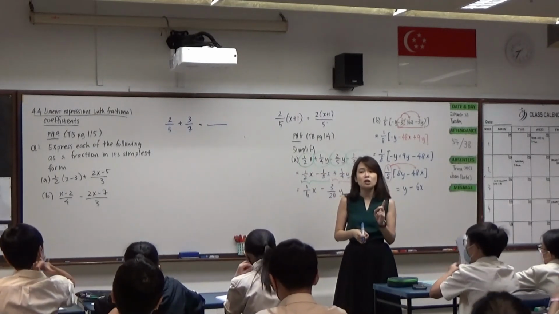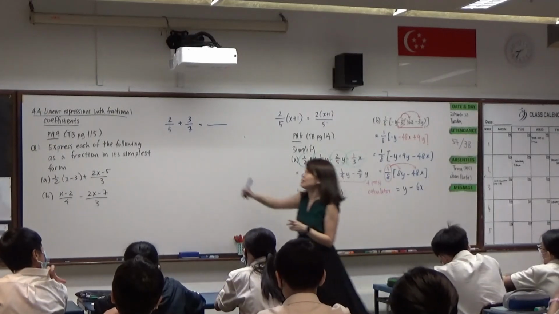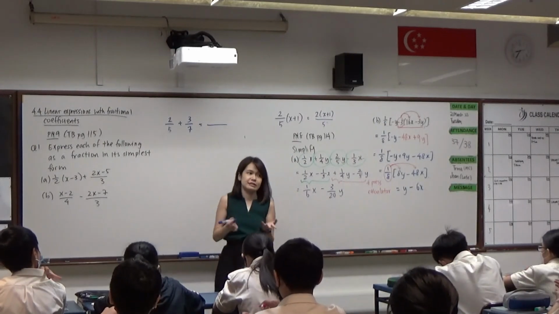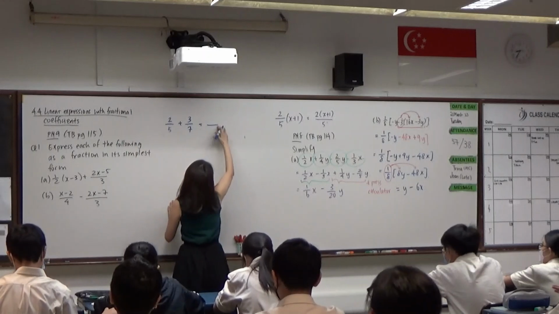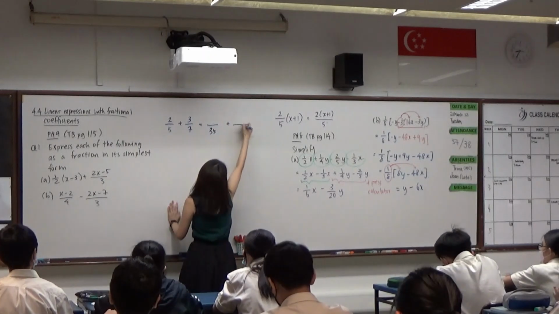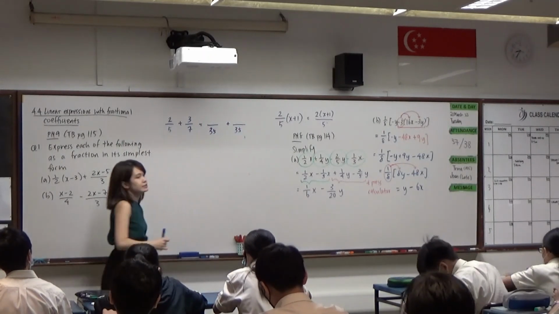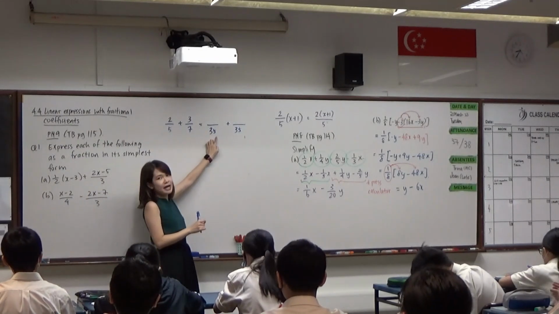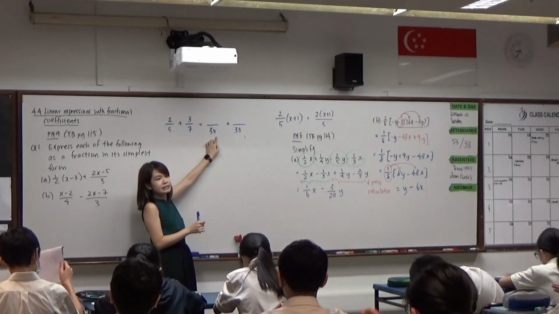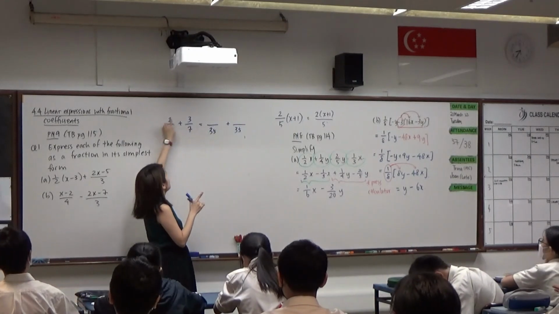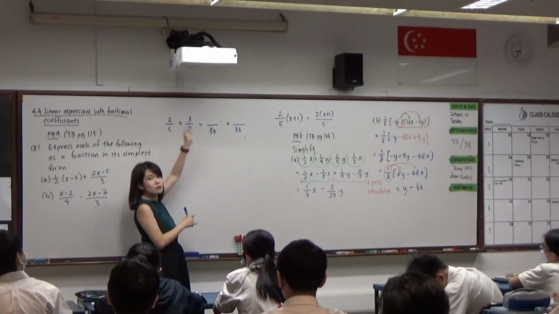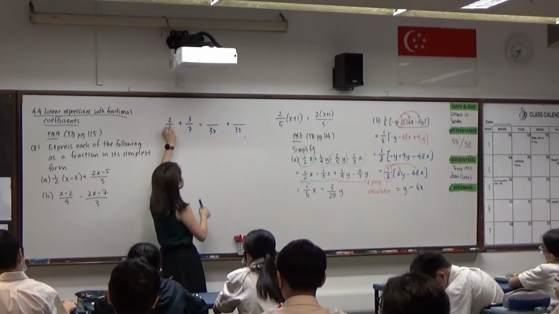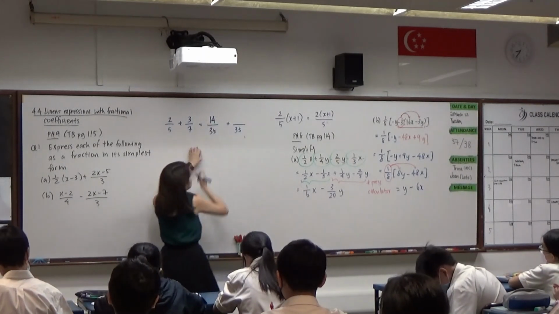We go for the lowest common multiple. So 5 and 7, the lowest common one is 35. So I change it into 35 for both fractions. When 5 changes to 35, what actually am I multiplying? 7. And then my numerator over here, I must also multiply by 7, and that gives me a 14.